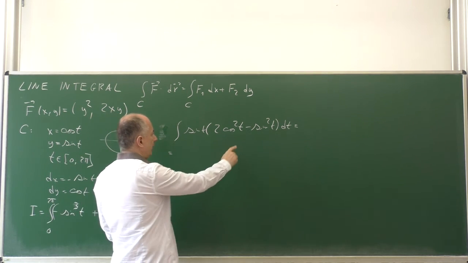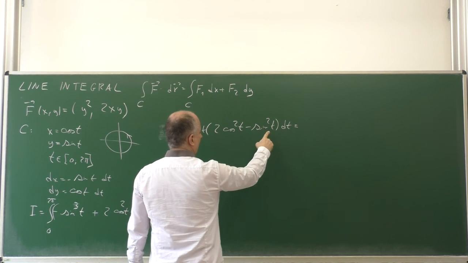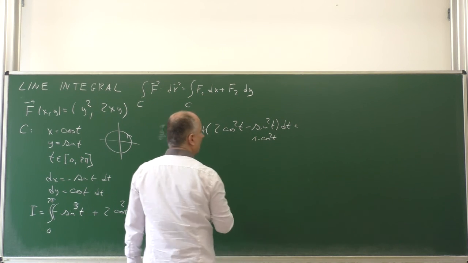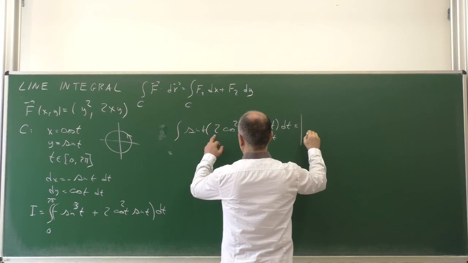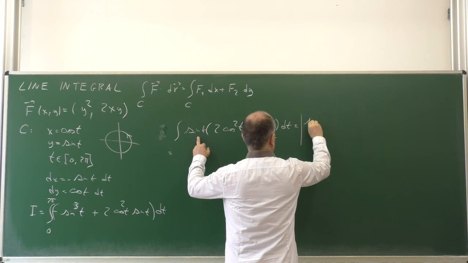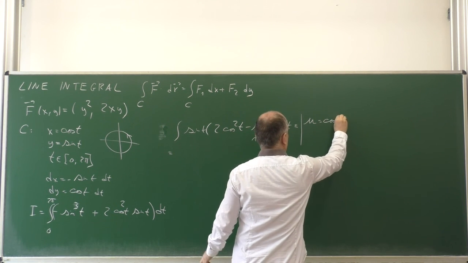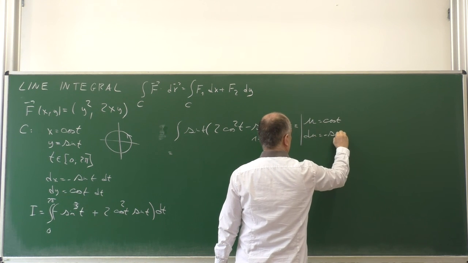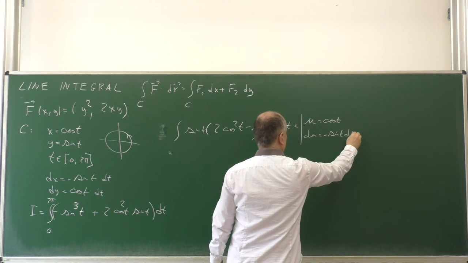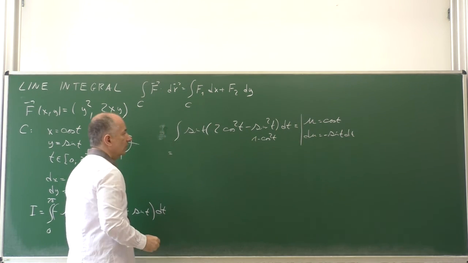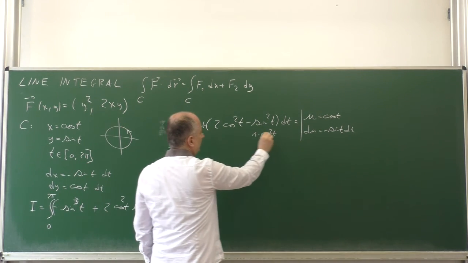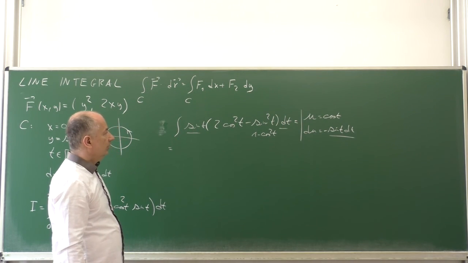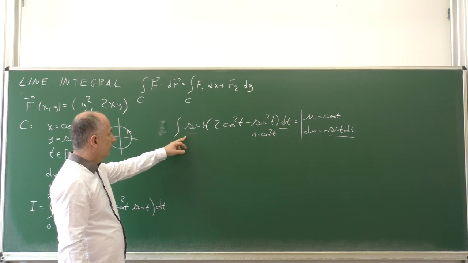We can express sine squared as 1 minus cosine squared of t, and we can use the substitution for cosine. Say u is cosine of t, and then du is minus sine of t dt. Then sine of t dt is, up to the minus sign, the differential of the new integration variable.